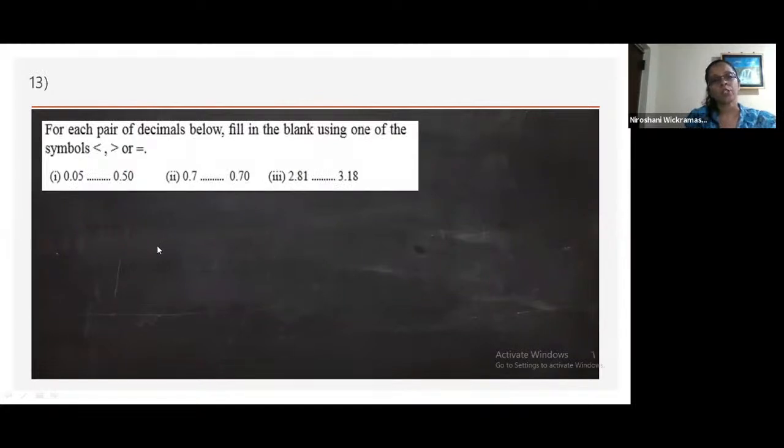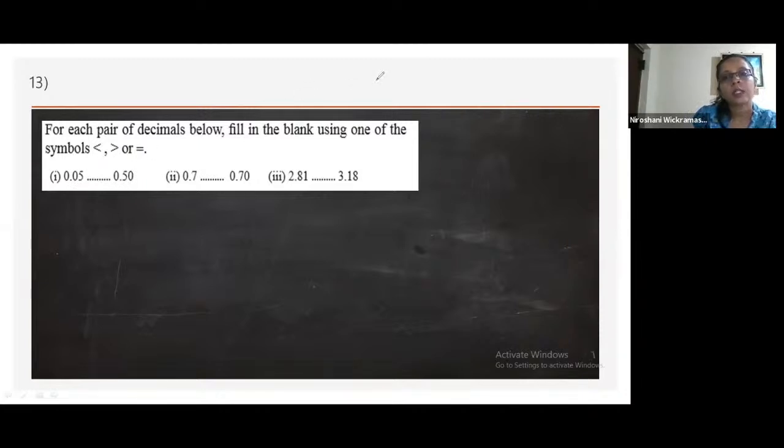For each pair of decimals below, fill in the blanks using one of the symbols. You can use greater than, less than, or equals. Now look at this: 0.05 and 0.50. This one at the 1/10 place has no number, 0, but here the 1/10 place is 5.